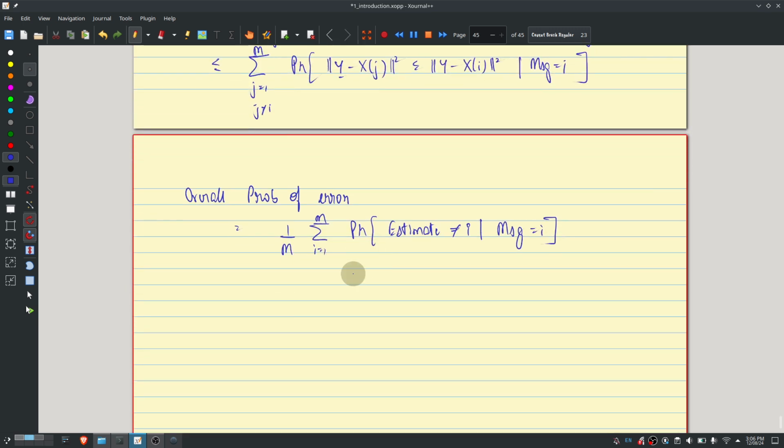This is less than or equal to 1 over m summation i equal to 1 to m, summation j equal to 1 to m, but j is not equal to i, of the probability that the distance between y and x of j is less than or equal to the distance between y and x of i.